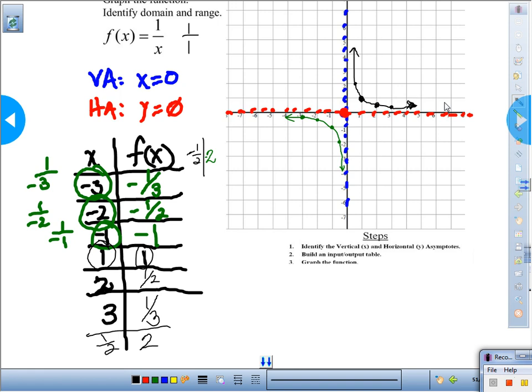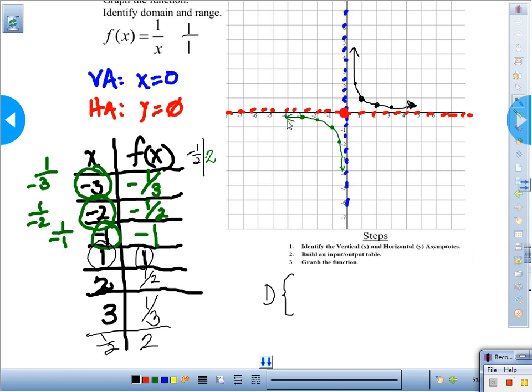How are we doing? Yes? All right. However, they want us to identify the domain and range. Domain. Okay, I'm going to write it in. Do you guys want intervals or set notation? Set notation? For the domain of the function, what do you notice?